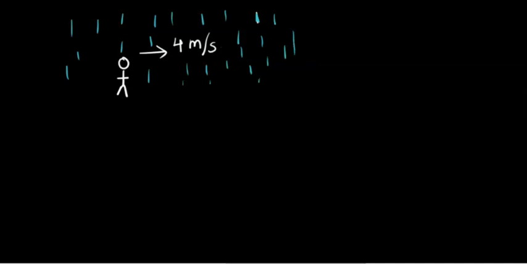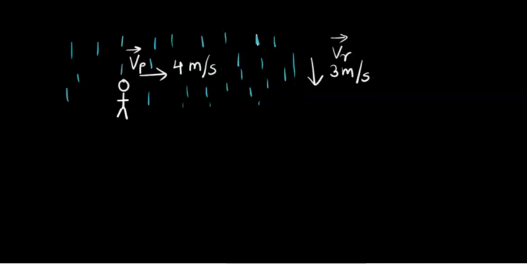Let's say that the speed of the rain is 3 meter per second downwards. Let me denote this person's velocity as Vp bar, and the rain's velocity as Vr bar. Now the question is, at what angle should this person hold the umbrella to protect himself from the rain?